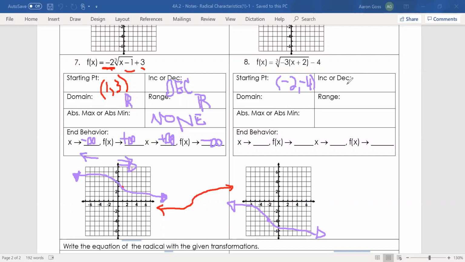Increasing or decreasing? Decreasing. And the domain and range are always going to be all real numbers, and it has no maximum or minimum. These end behaviors are the same.